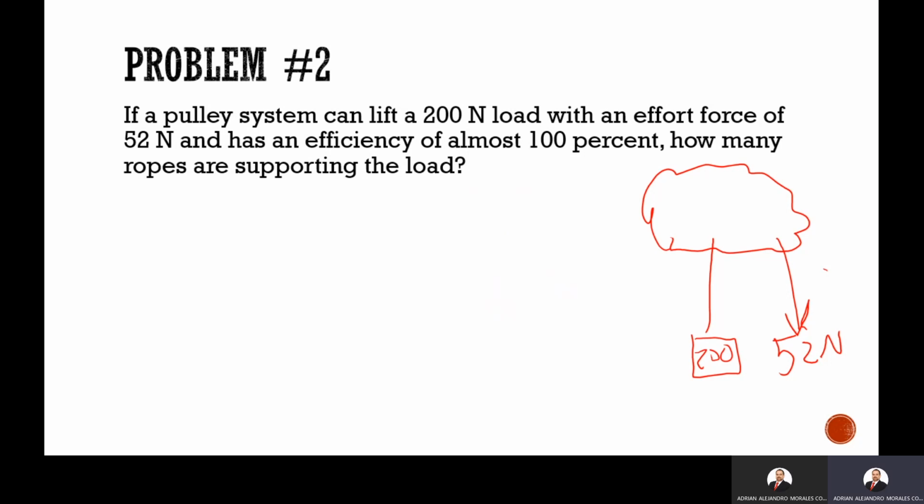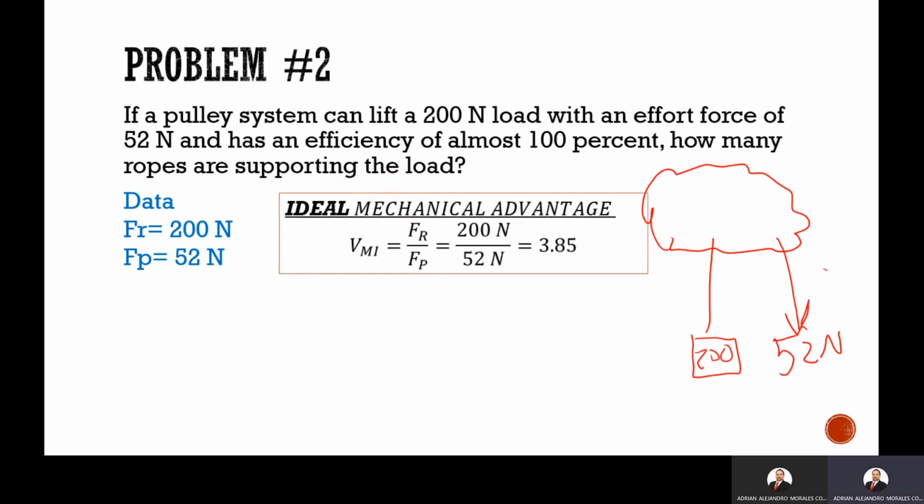So to calculate the quantity of ropes, first we need to know what data we have. We have the resistance force, which is 200 newtons, and the pull force, which is 52 newtons. Our ideal mechanical advantage can be measured by the division of the resistance force over the pull force, which is 200 newtons over 52 newtons.